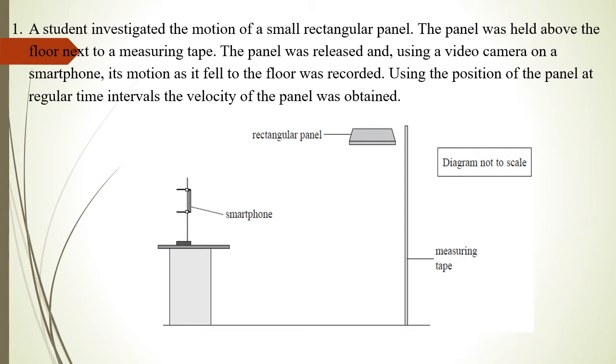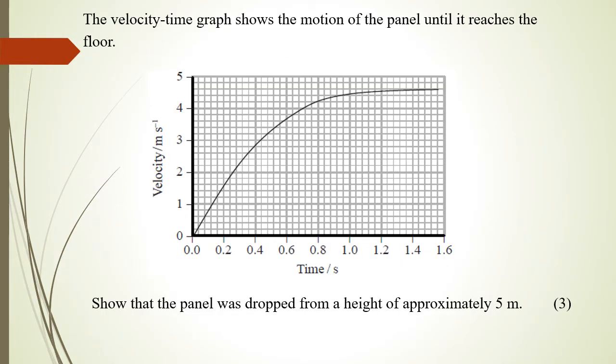A diagram is given: a smartphone, the table, a vertical measuring tape and a rectangular panel. The rectangular panel was released from this height, and in this question they gave a velocity-time graph.